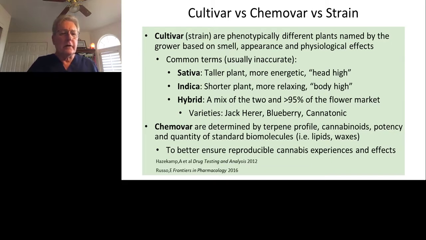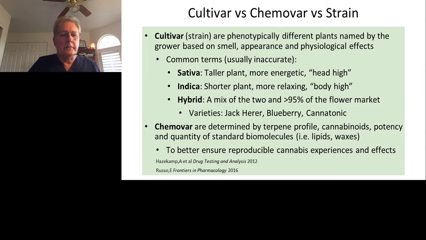Now, greater than 95% of the flower market today is all hybrid or mixes of sativa and indica. And there's a few varietal names that you may have heard: Jack Herer, sativa dominant, Blueberry, an indica dominant, and Cat Tonic, a hybrid.